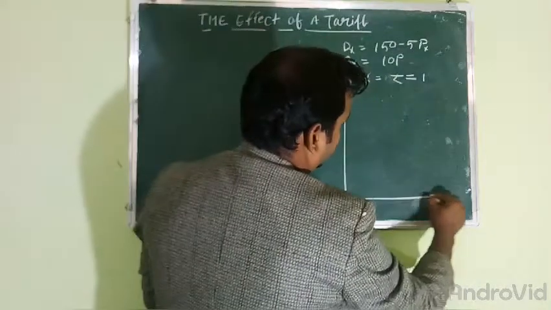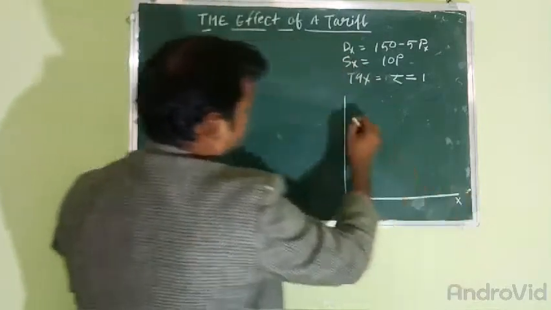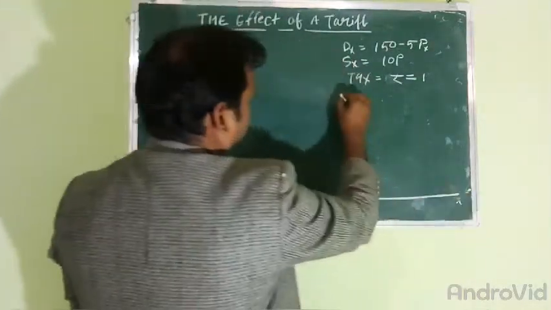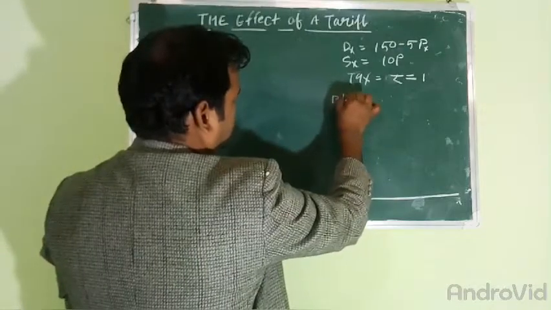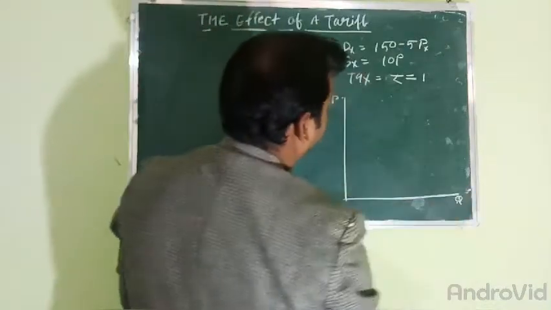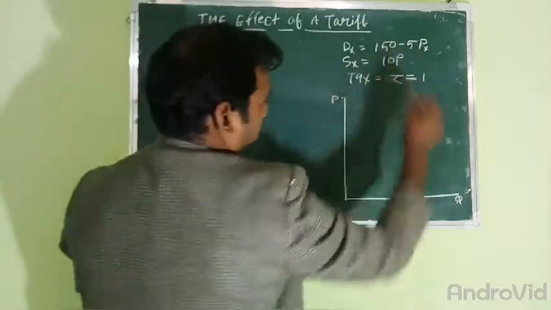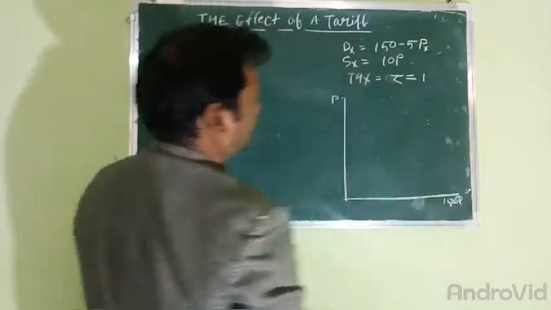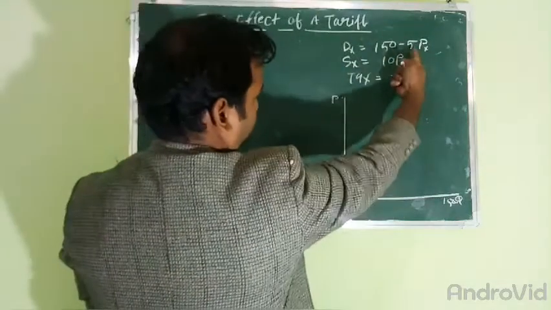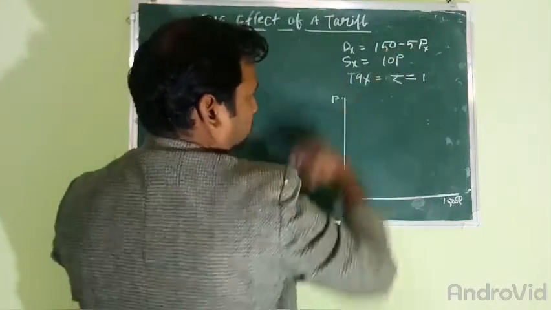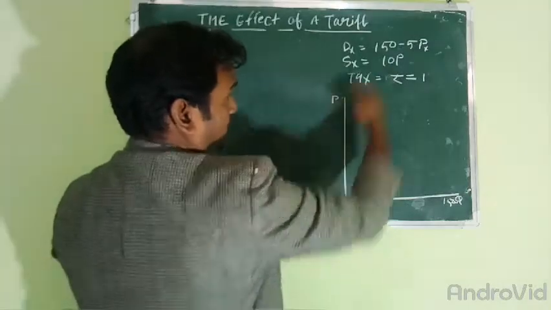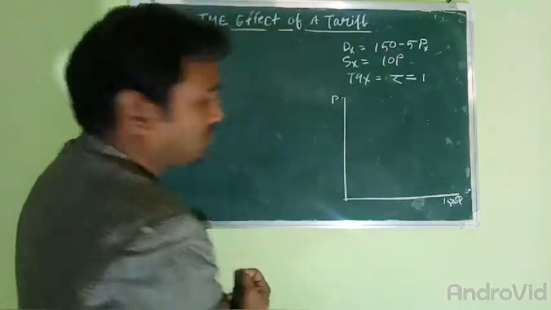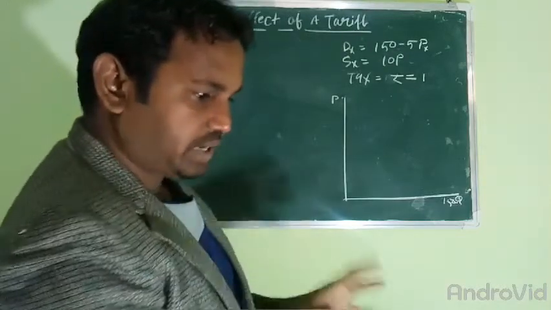Suppose the x-axis is the quantity and the other axis is the price. The maximum quantity is 150. To find the maximum price, we divide 150 by 5, which gives a maximum price of 30.